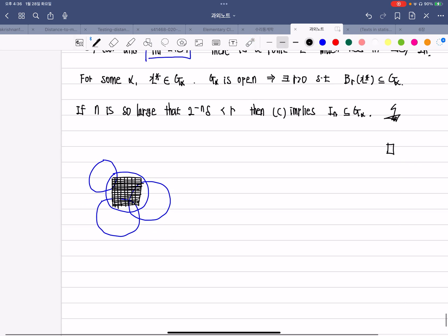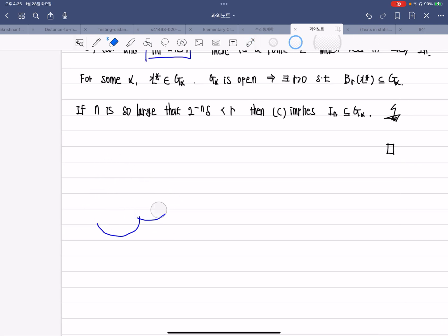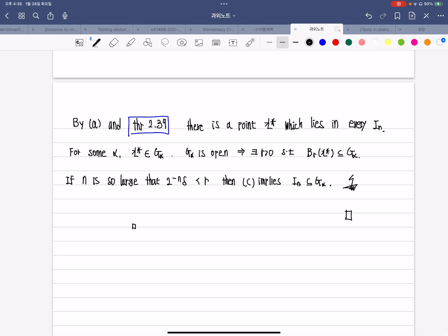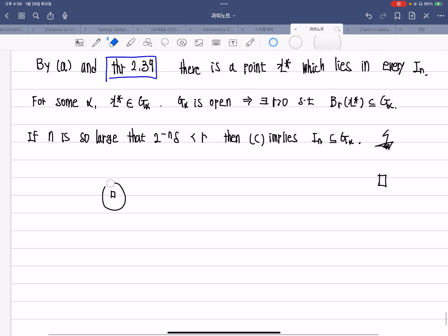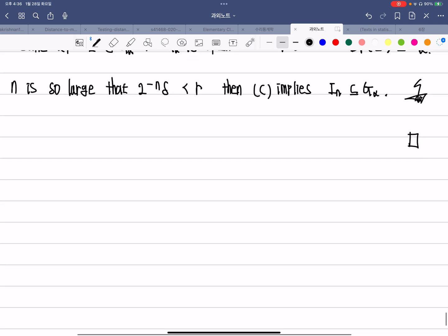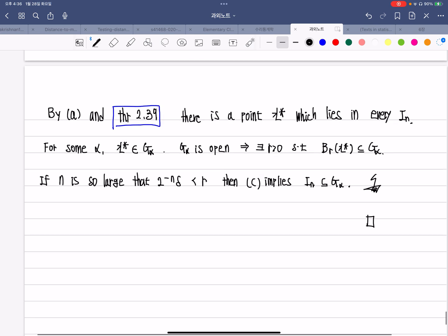That is the main idea of this proof. One box, one open cover element. One box, one element of open cover. Okay. We are done.